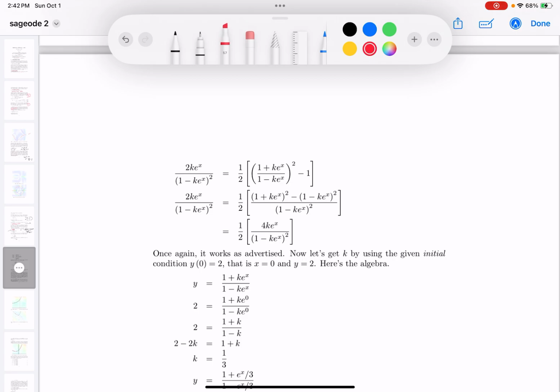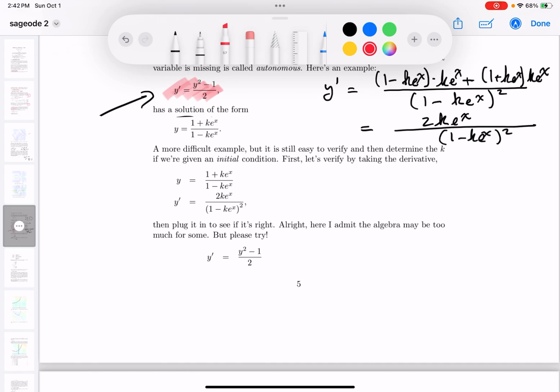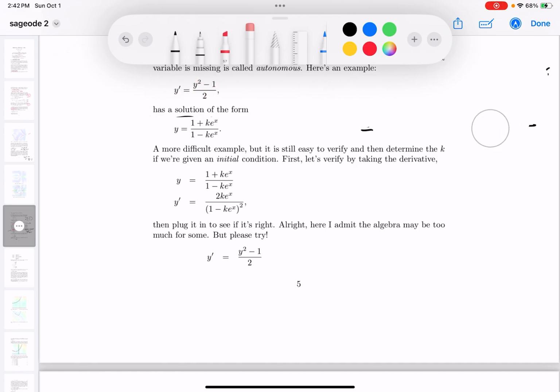So we want to figure out what the k is, given this information over here. That y0 equals 2. Let me go back over here and write this down for you. Let me erase this 2.